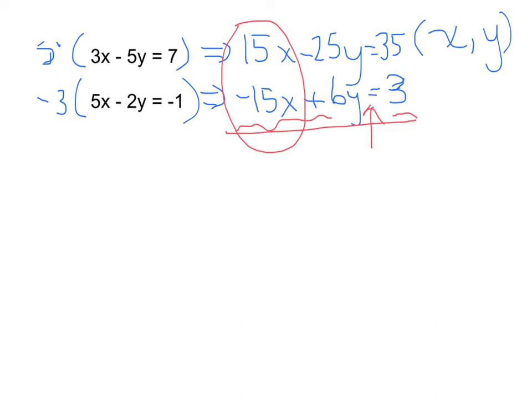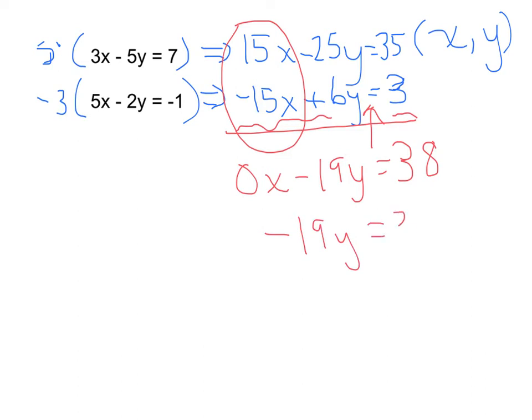So this allows us to have 0x, and then we collect our y's: minus 19y equals, and then we have 35 plus 3 is 38. If we clean this up, we have negative 19y equals 38. If we divide both sides by negative 19, that's essentially saying that y equals -2.